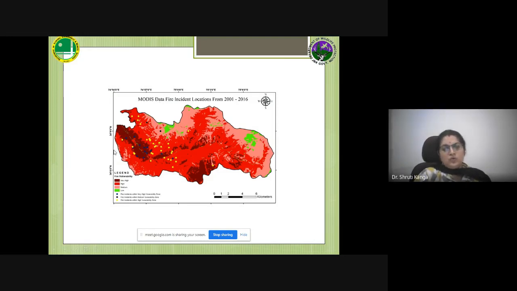Through these colors of points, we can identify that wherever the blue points fall, they are in very high risk prone zones.